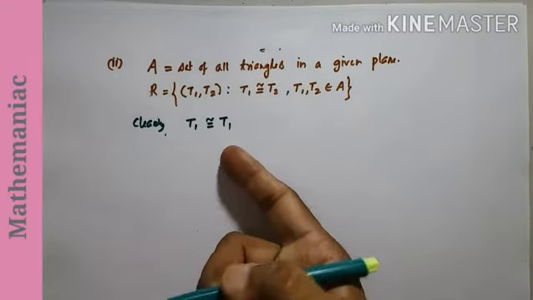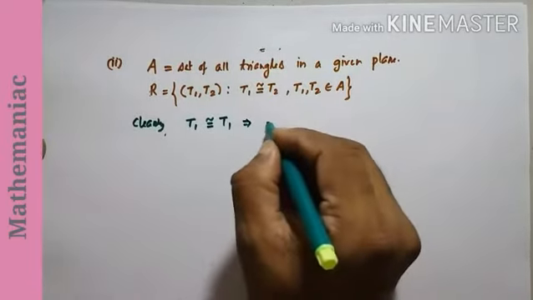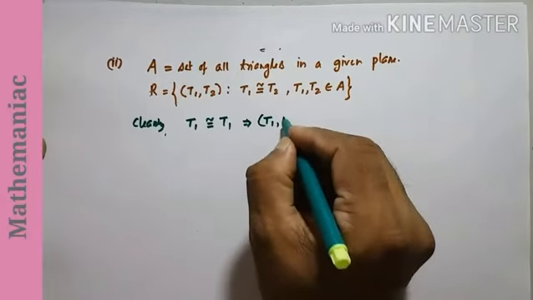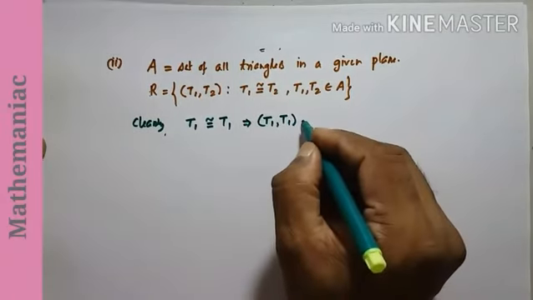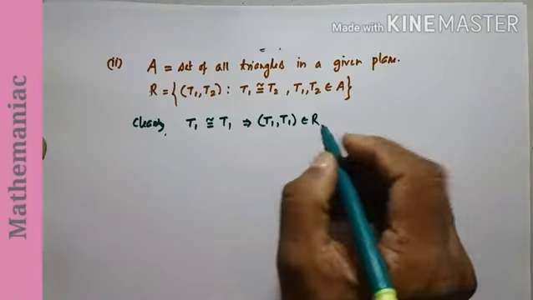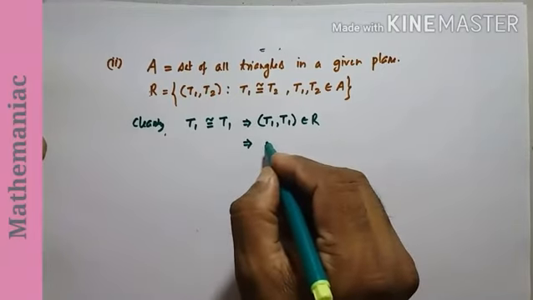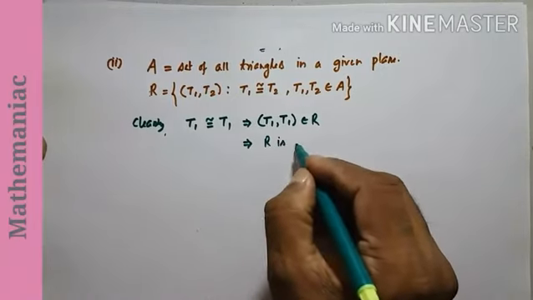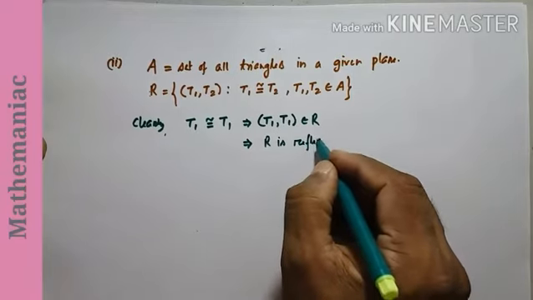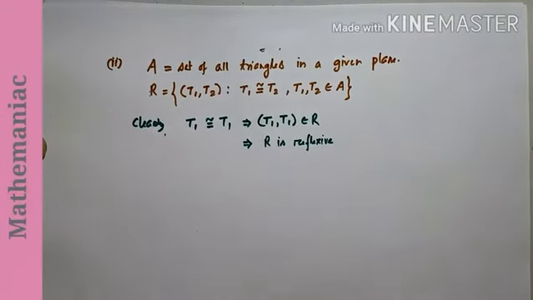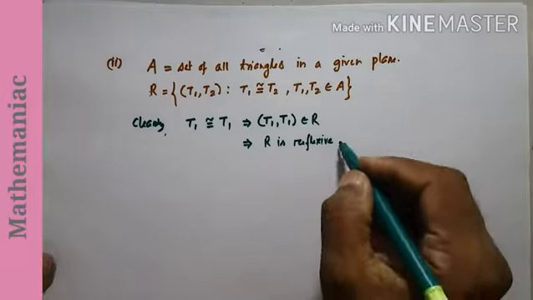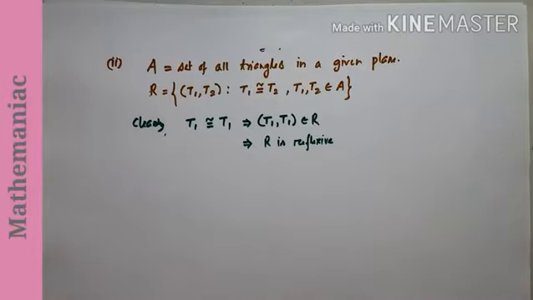So obviously this will definitely imply (T1, T1) belongs to R. That will tell you that R is a reflexive relation. So this is the second example.